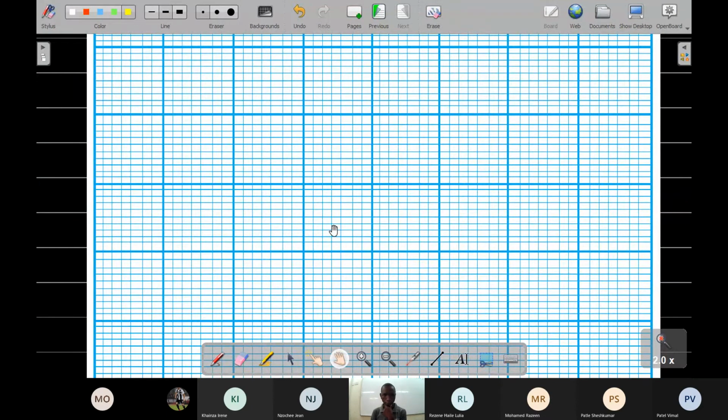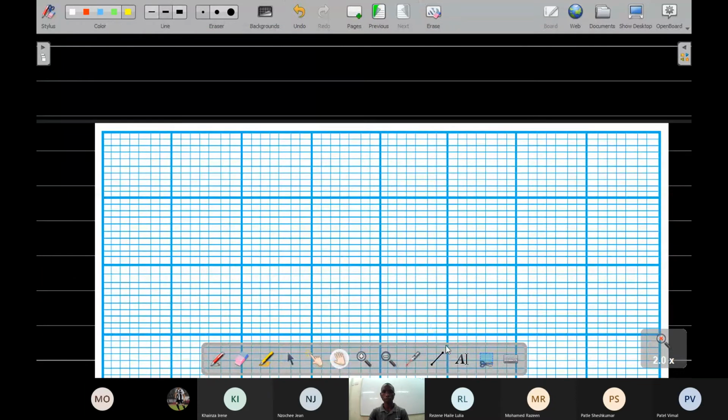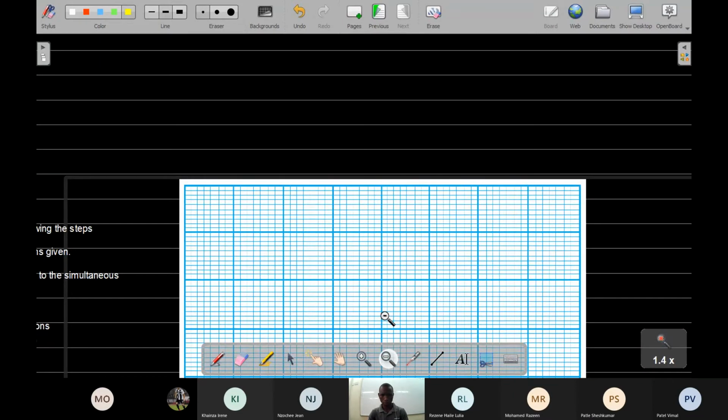I don't know whether it will work well for me, this graph, because I see it as if it becomes distorted.